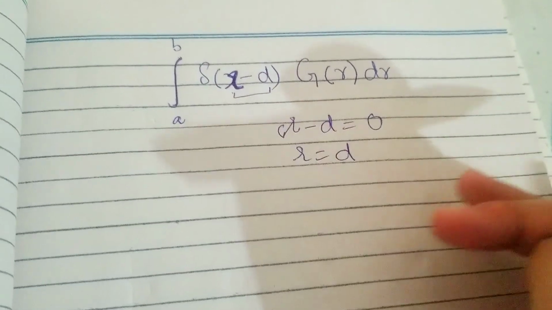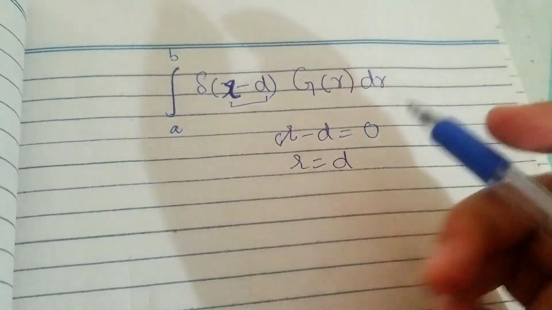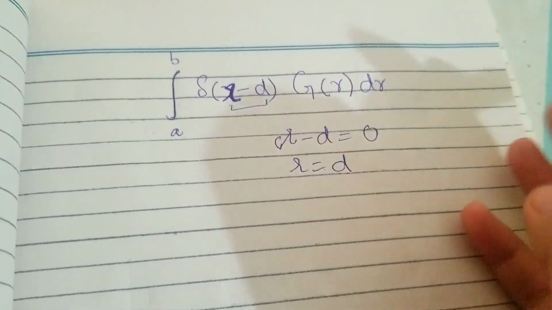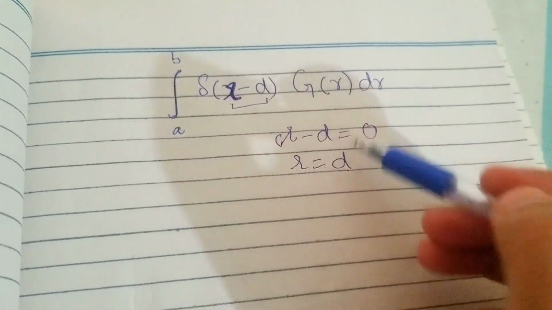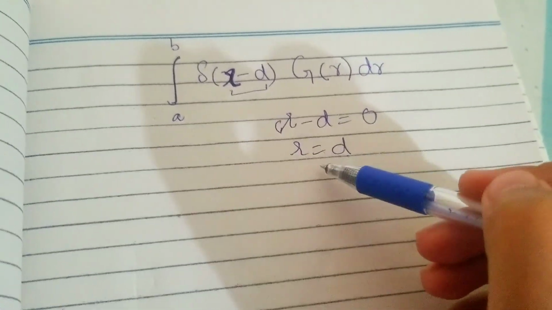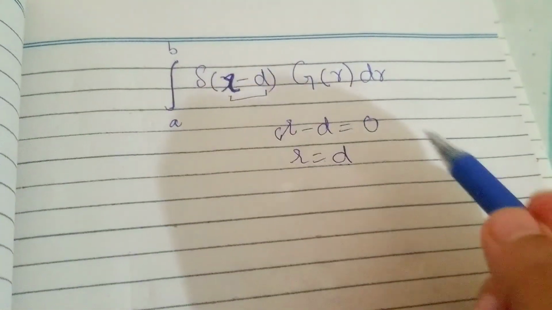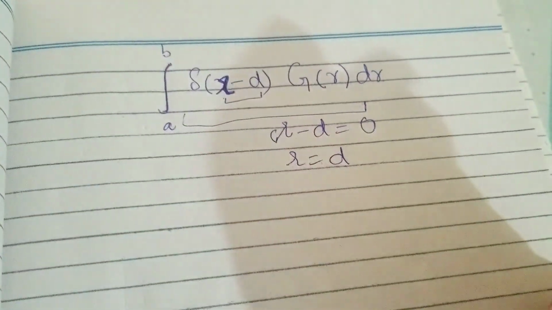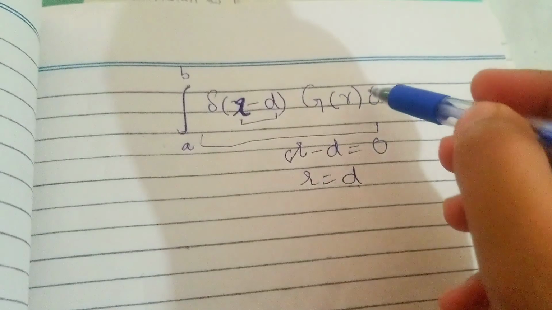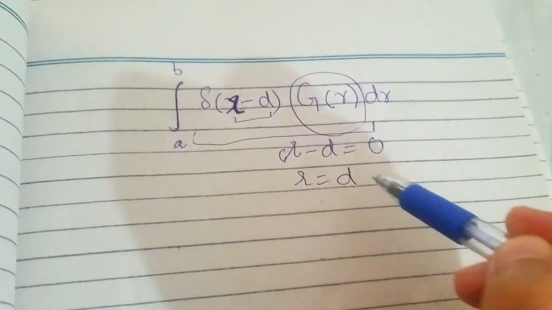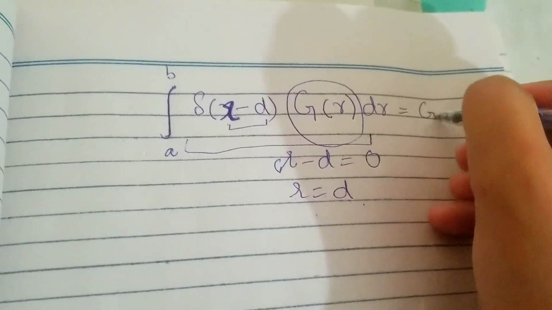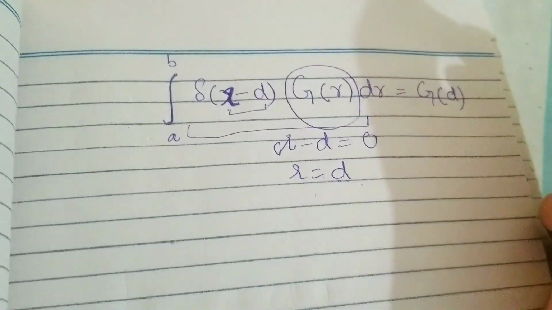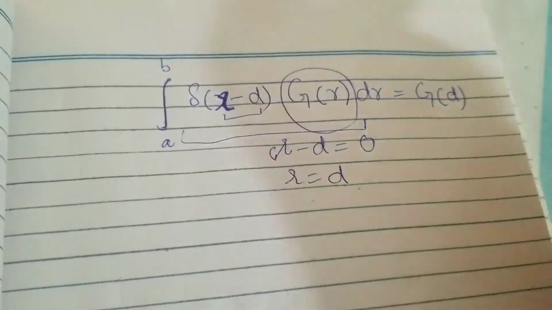This is a consequence of one of the properties of the delta function, that they are only defined at one point, which is r equals d, and for all other points they are 0. That is why the integral is only non-zero for the point r equals d. And now the integration of this integrand will be equal to the value of g of r at r equals d. So its integration is simply, we'll put r equals d in this function that is besides the delta function, and that is simply the integration of this whole integrand.